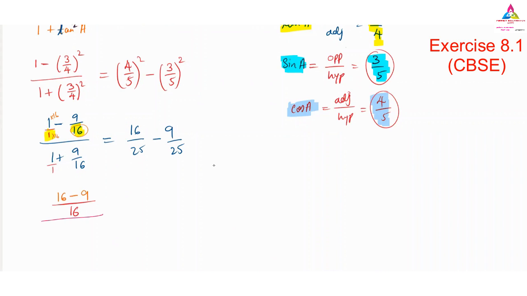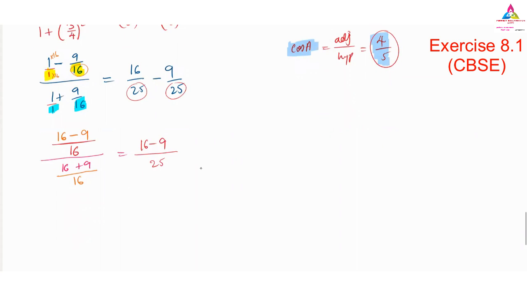Whole divided by, again the LCM of 1 and 16, obviously 16. Here it remains 16 times 1 is 16 plus 9. That equals, on this side, 25 and 25 are the same so no LCM is needed, and 25 stays in the whole. 16 minus 9 we write in a single line. The 16 on this side and the 16 downward get cancelled, and nothing else remains. So 16 minus 9 is how much?